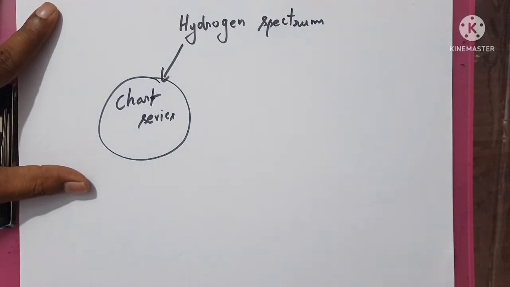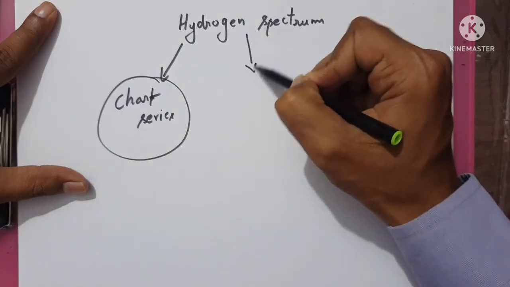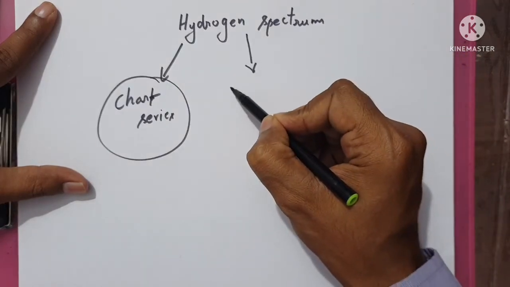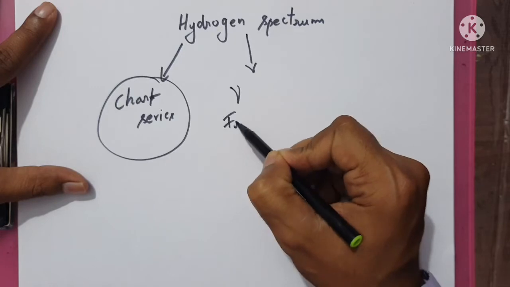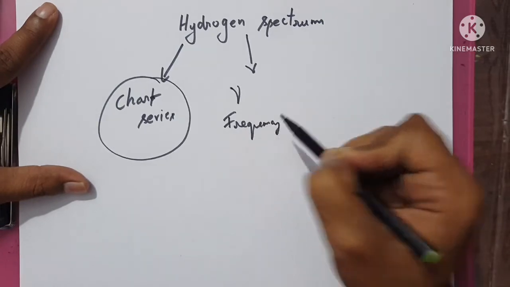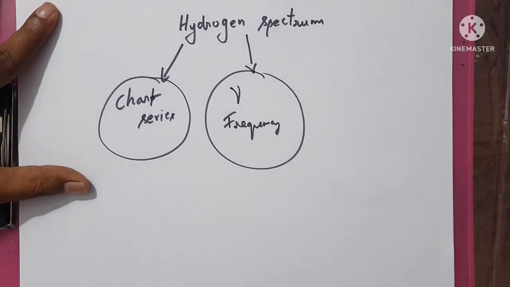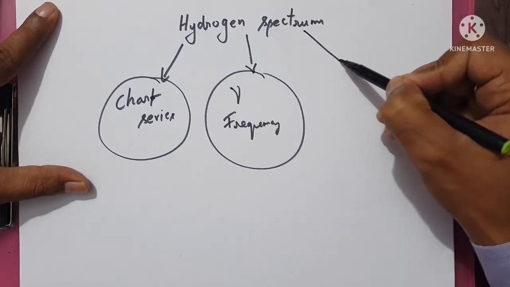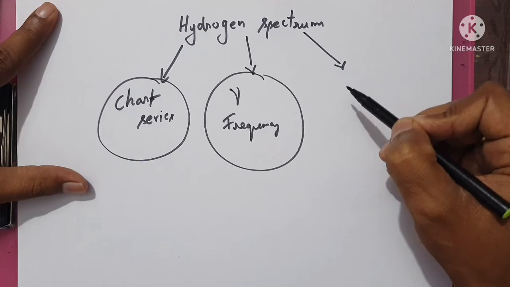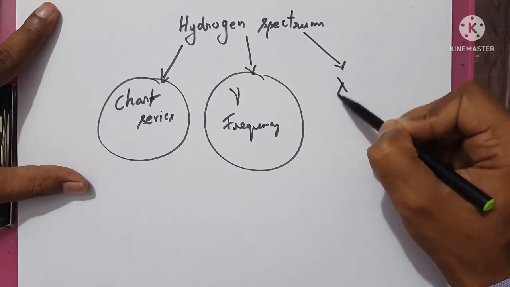One more thing, I am going to tell you how to calculate the frequency in this part of hydrogen spectrum, and how to solve the questions where you calculate the wavelength.